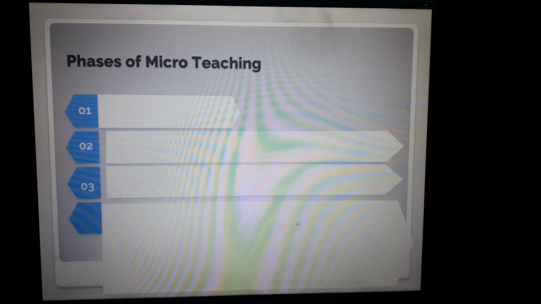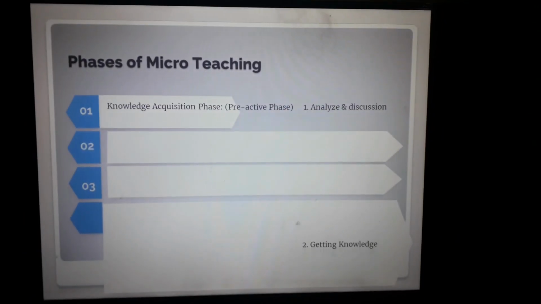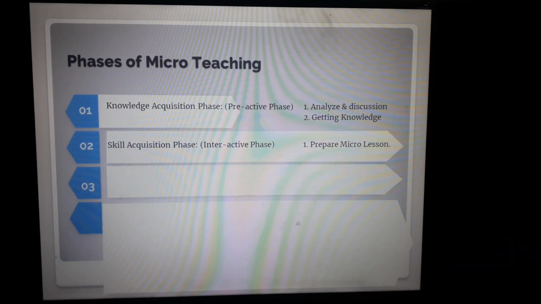Now, the different phases of micro teaching. According to N.K. Jangira and Ajit Singh, there are only three phases. First phase is knowledge acquisition phase. Second phase is skill acquisition phase, and third phase is transfer phase.